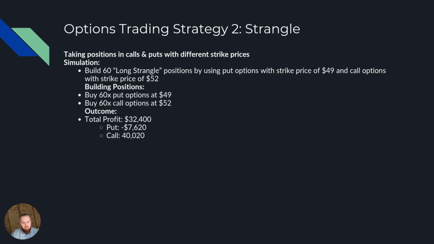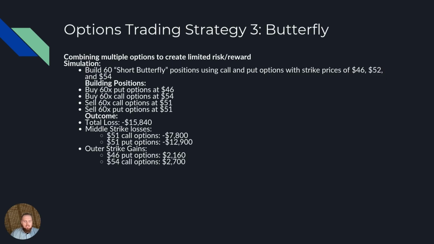Now, if we move on to our third strategy, this is the butterfly strategy. It combines multiple options to create a limited risk and reward profile. In this simulation, we were asked to build 60 short butterfly positions using call and put options with strike prices at $46, $52, and $54.